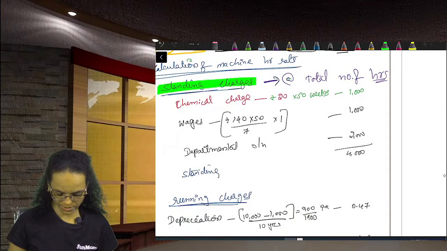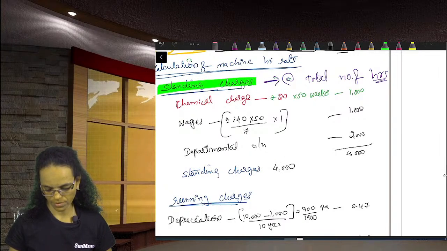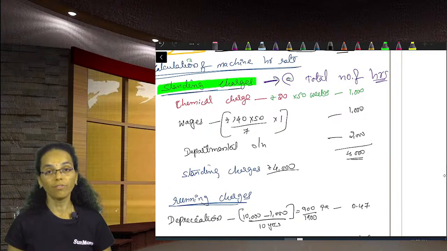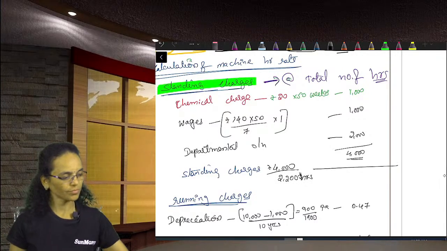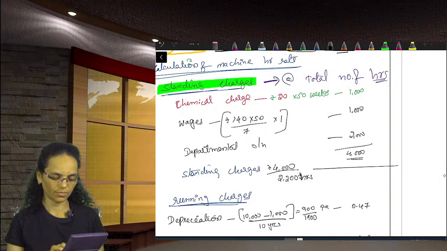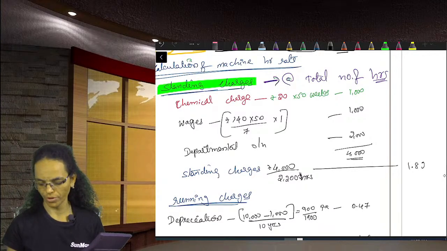So standing charges: 4000 rupees for 2200 hours, it is working in a year, is 1.818, we can write 1.82.